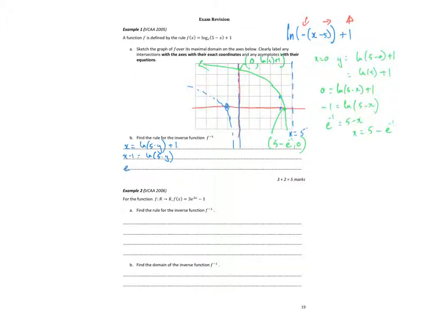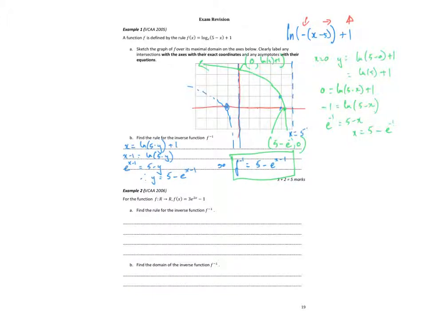So I'm going to get e to the x minus 1 is equal to 5 minus y. Therefore, y is equal to 5 minus e to the x minus 1. So that's not good enough, of course. f inverse is equal to 5 minus e to the x minus 1. Doesn't hurt just to put a little box around your answer.